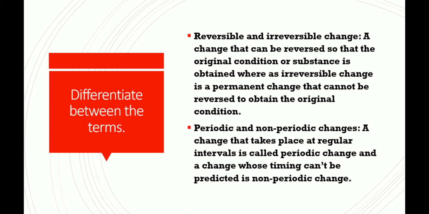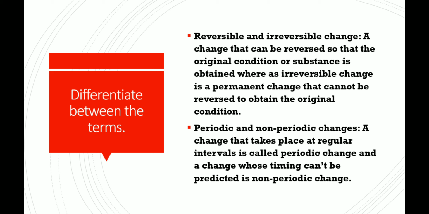Next question is, given that, differentiate between the terms. The first one is reversible and irreversible change. A change that can be reversed so that the original condition or substance is obtained is a reversible change, whereas an irreversible change is a permanent change that cannot be reversed to obtain the original condition.